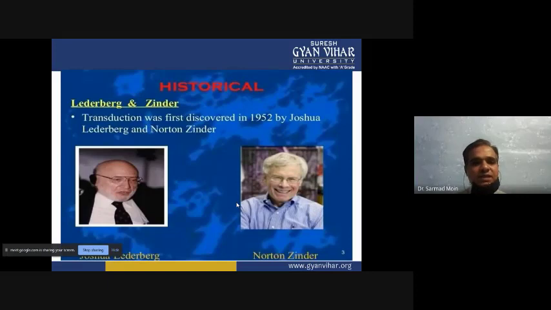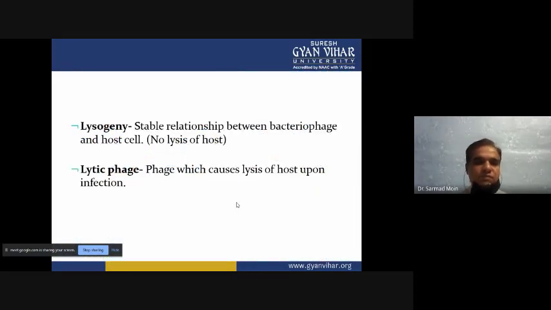Lederberg and Zinder, in 1952, discovered this transduction mechanism for the first time in history. And then there are two types of process. The first one is lysogeny and the second one is the lytic phase.